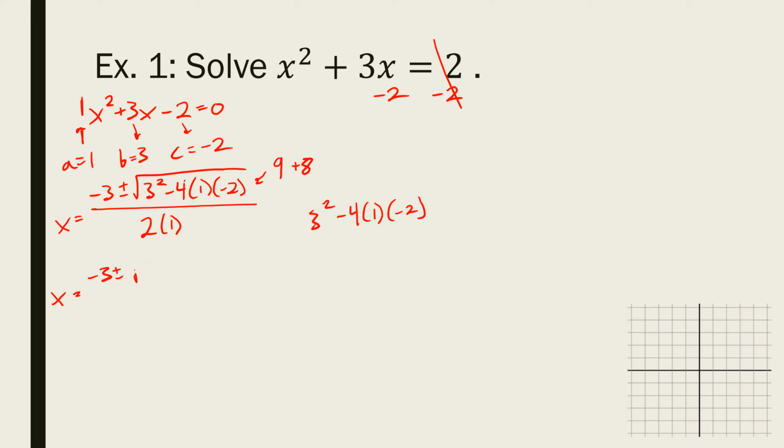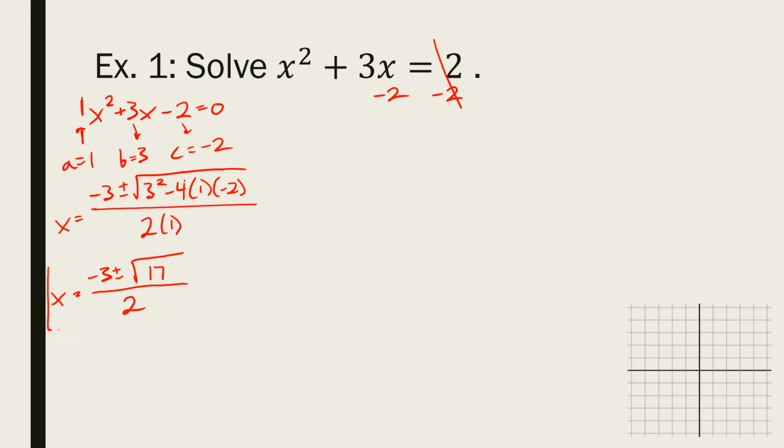I would recommend doing that first because the order of operations can get a little bit tricky. Whether you do it mentally, 9 plus 8 is 17, or with your calculator, you should get 17. Either way, we have 17 under the square root, and I would always recommend simplifying that first. On the bottom, 2 times 1 is just 2.